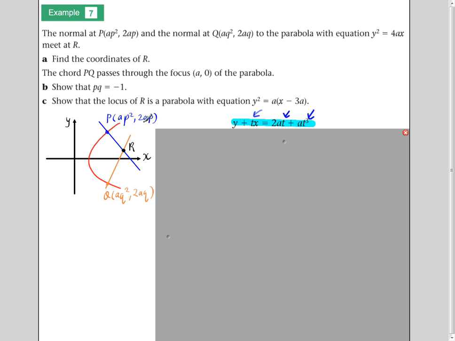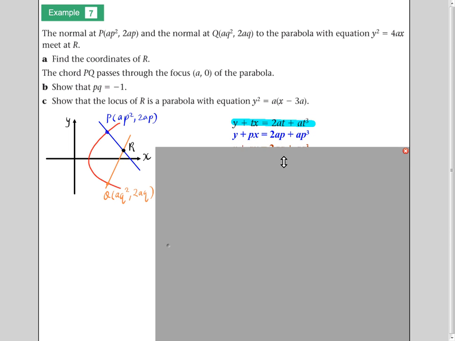In the blue line, the parameter here is p, so in place of t, I've substituted p. And the same thing goes for the coordinate q. The normal at the point q is y plus qx equals 2aq plus aq cubed.